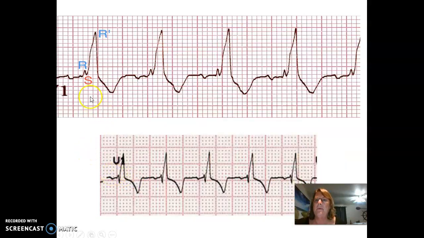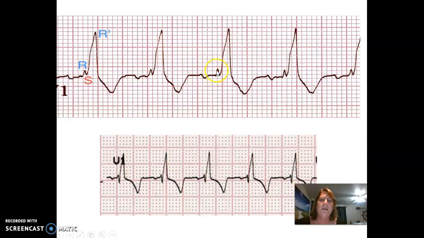Here's another example. So I've got a regular rhythm. This doesn't look like a full 6-second strip. It looks a little slow, but it's not a full 6-second strip. I have a P wave that goes part up, part down, and that's normal, we said, in MCL. My PR interval looks like 1, 2, about 3 boxes, so that's okay.